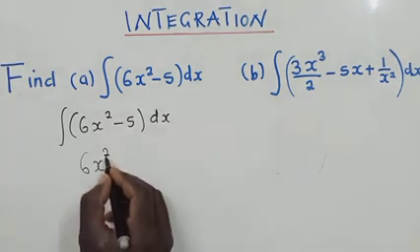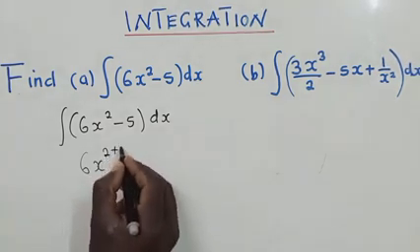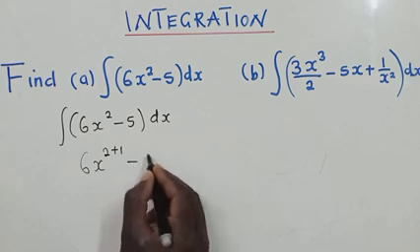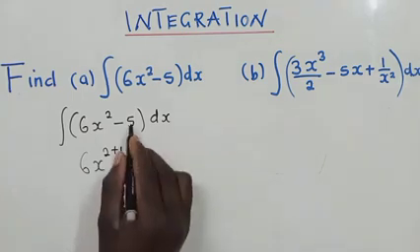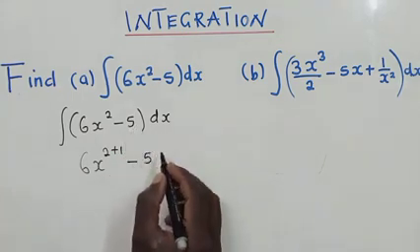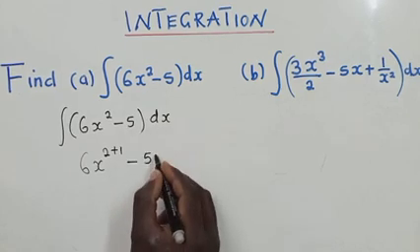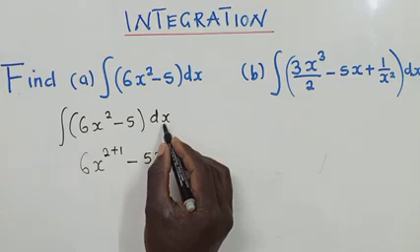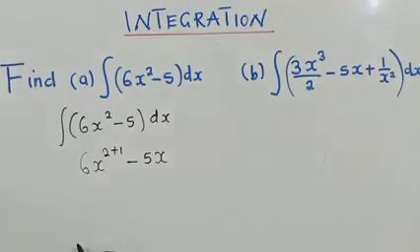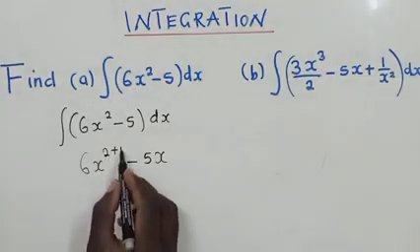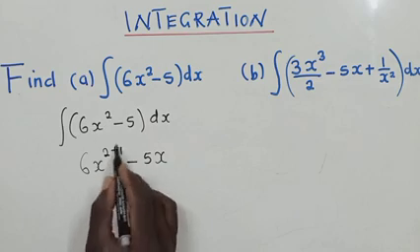What are you supposed to do to this power? Add 1. Where there is no letter and you are integrating, there is only a number, so put the letter that you are expecting. In this case, we are expecting x.